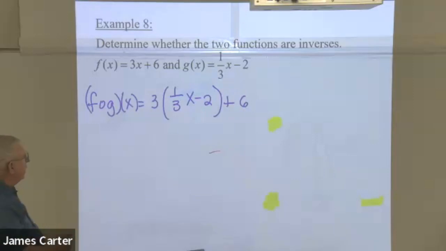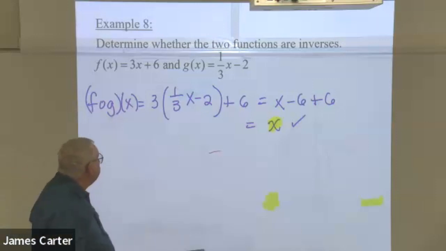Now, when we do that, it simplifies to here. 3 times a third is x, and 3 times 2 is 6, minus 6. And then ultimately, those two are going to cancel, so you get an answer of x. So far, things are looking good. We'll see if it continues.